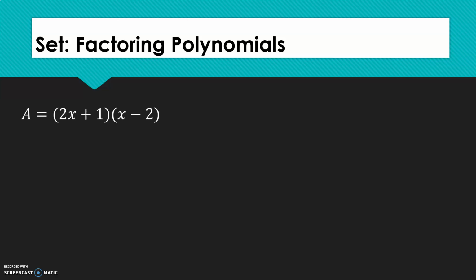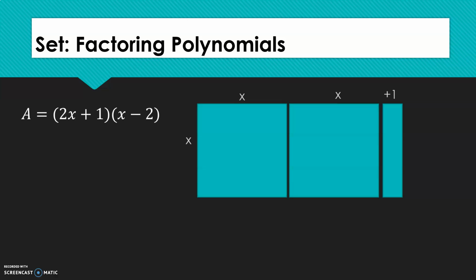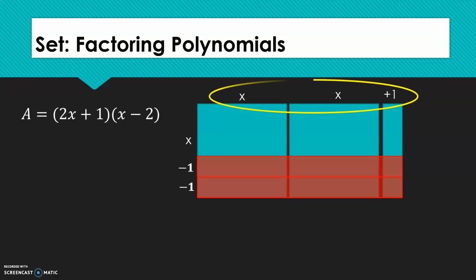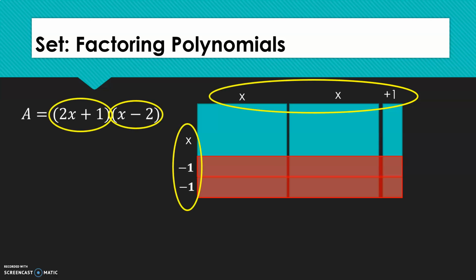Let's build an area model of this. On the top, I have 2x plus 1. On the side, I have an x, and I need to add a negative 2. Now I have 2x plus 1 on the top and x minus 2 on the side.